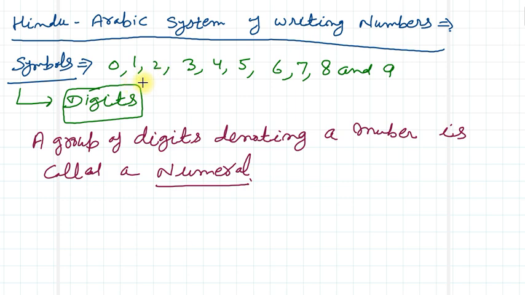Individually these are known as digits. When we use their group, they become a numeral, right?